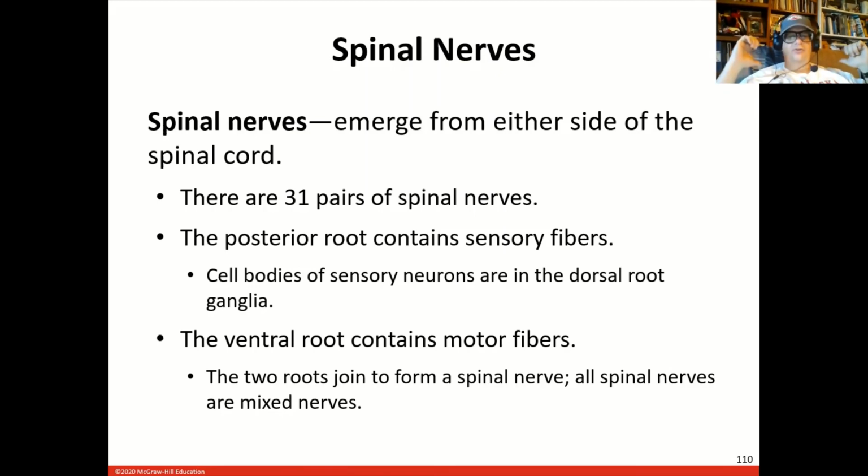The dorsal root is all sensory, and it has a ganglia, a collection of cell bodies outside of the central nervous system, outside of the spinal cord. The ventral root is all motor fibers, and just a little ways away from the spinal cord, those come together, and then you run in a combined nerve that has both sensory and motor to the organ or muscle, whatever it is.